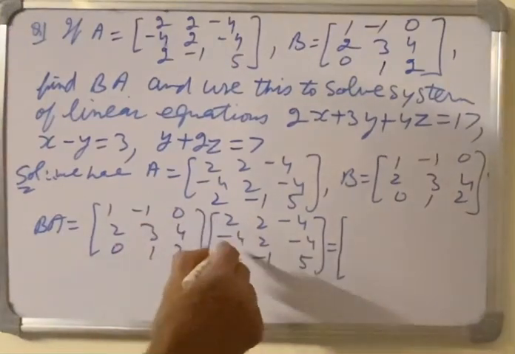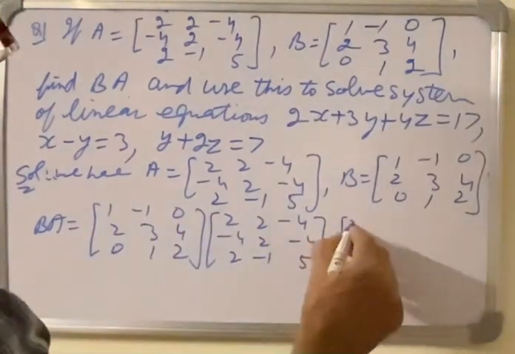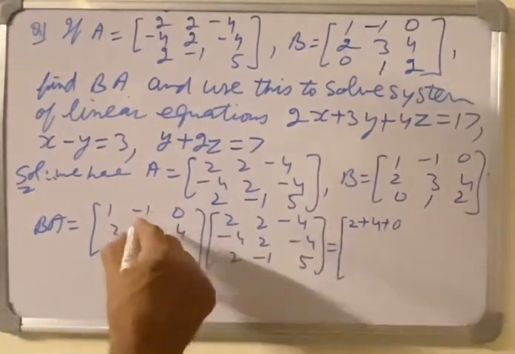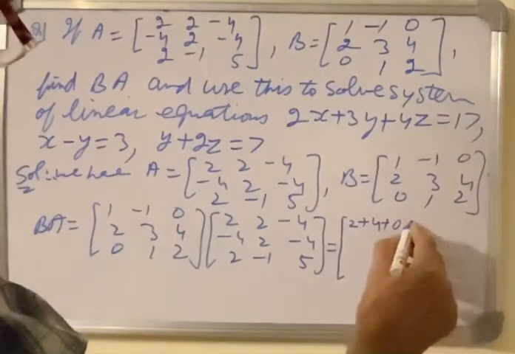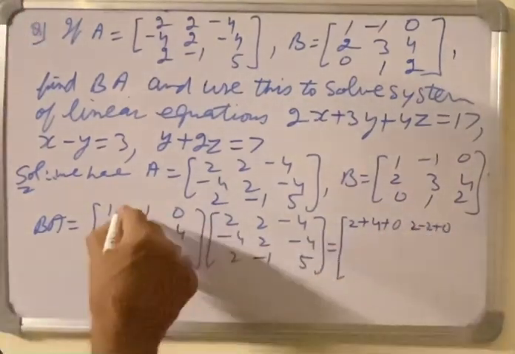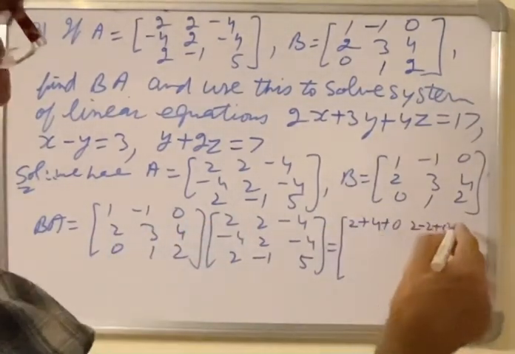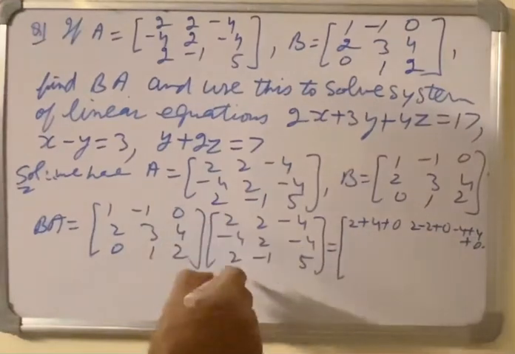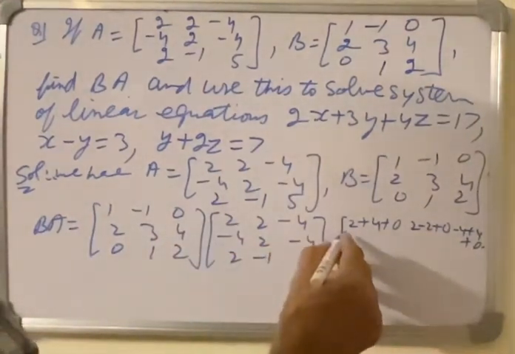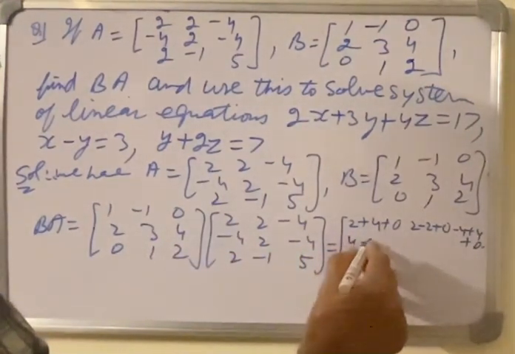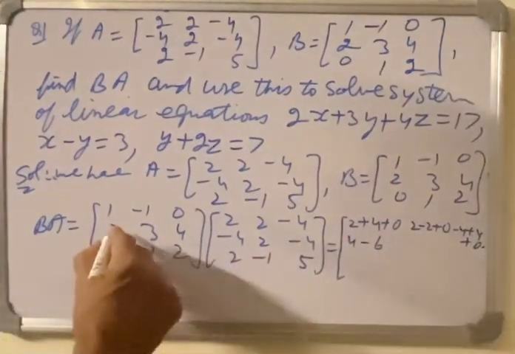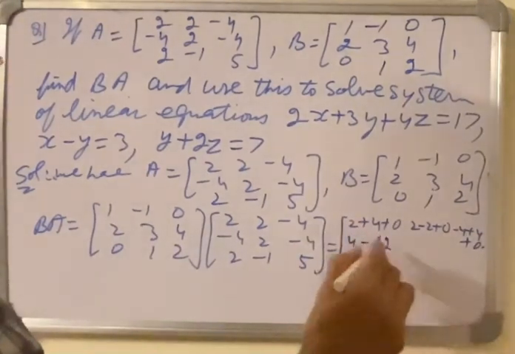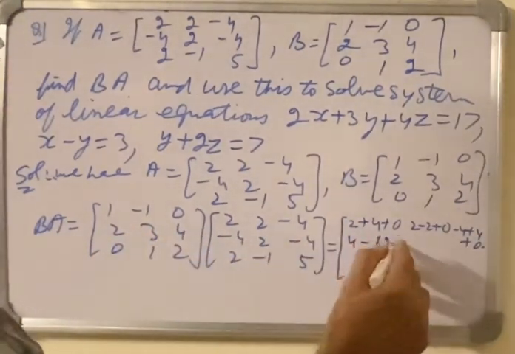first row with first column: 2 plus 4 plus 0, then first row with second column: 2 minus 2 plus 0, first row with third column: minus 4 plus 4 plus 0. Then second row with first column: 4 minus 12 plus 8.